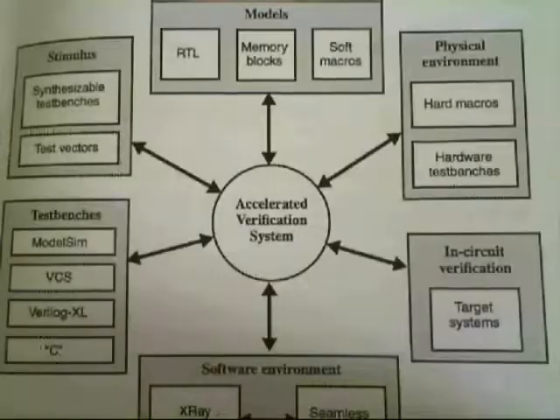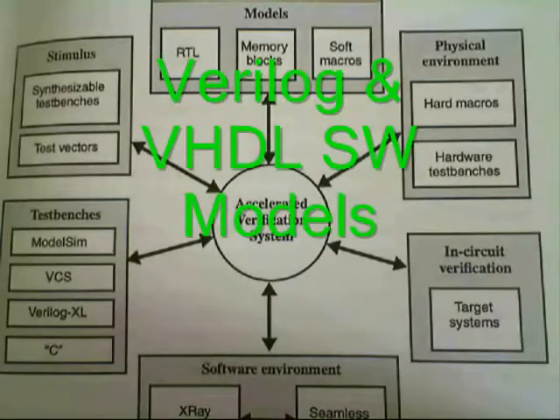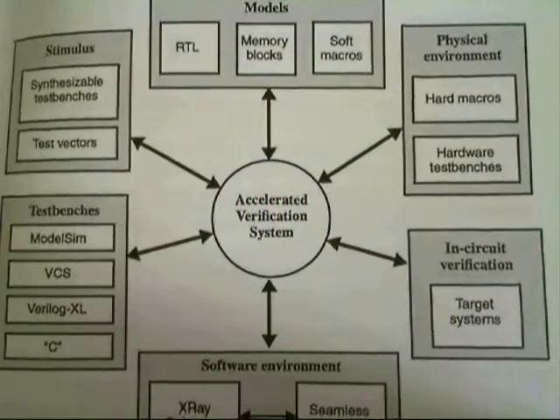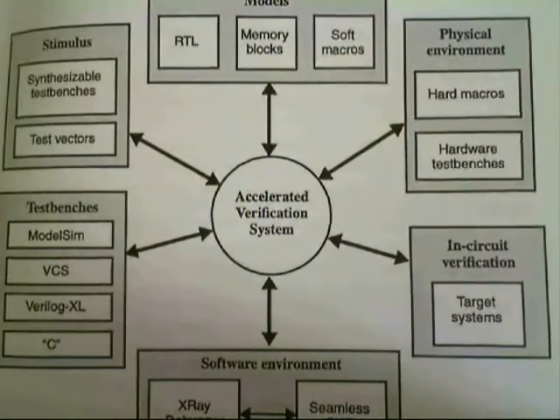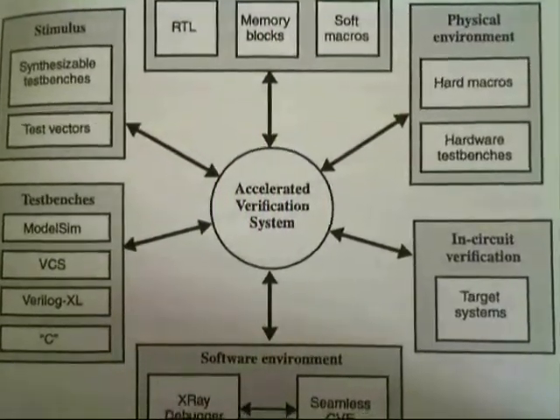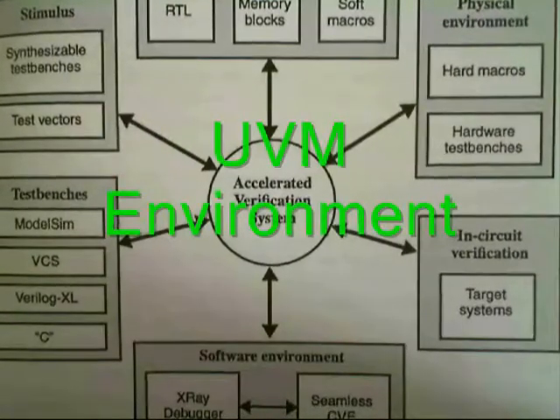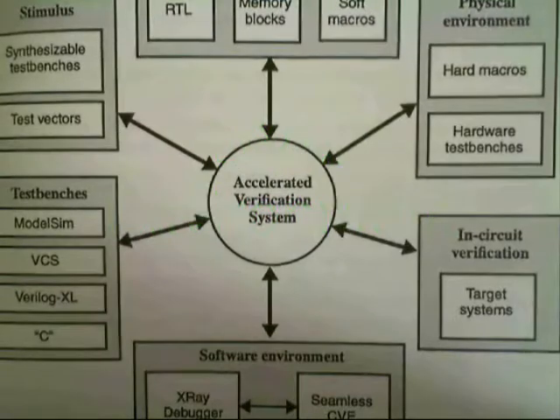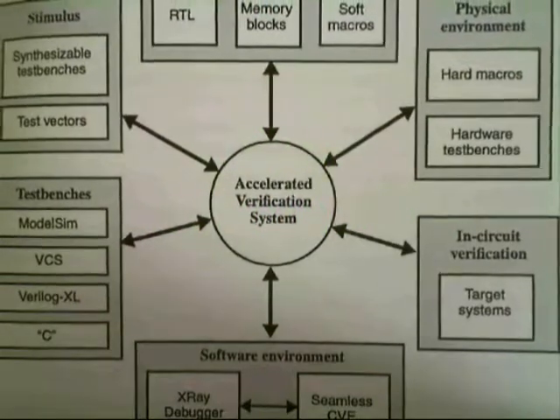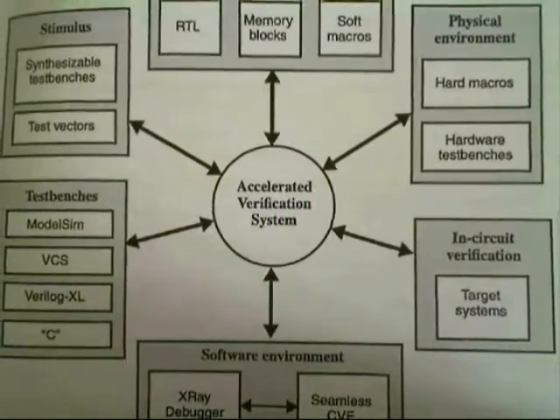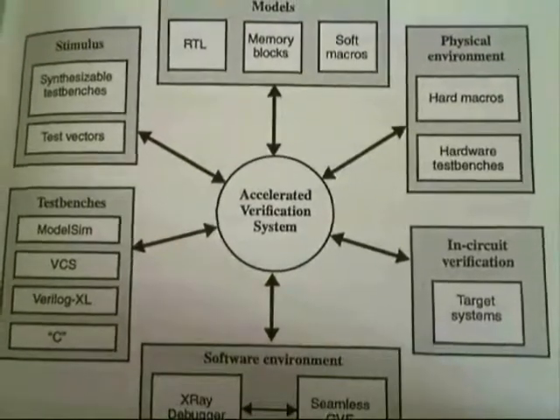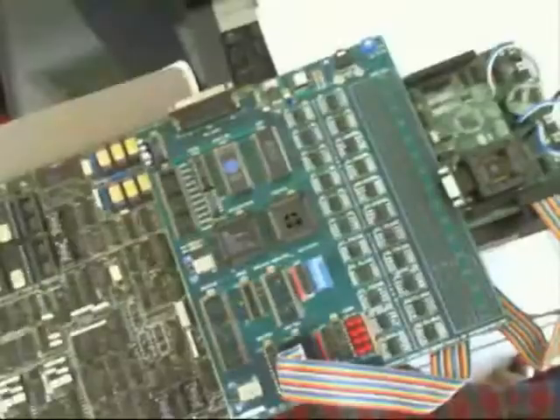For in-circuit verification, the target system, software environment, debugger, and CVE are supported. Test benches include ModelSim, VCS, Verilog XL, and the stimulus consists of synthesizable test bench and test vectors.